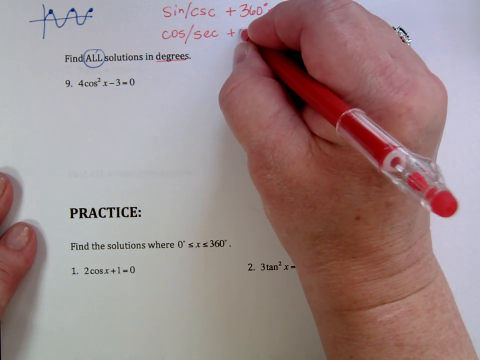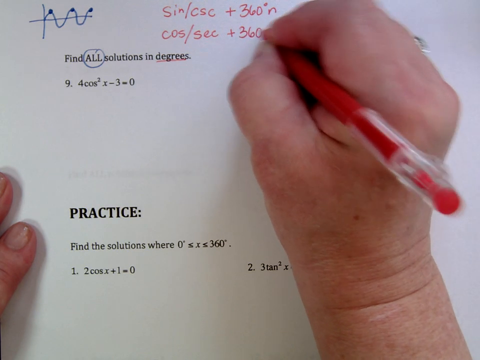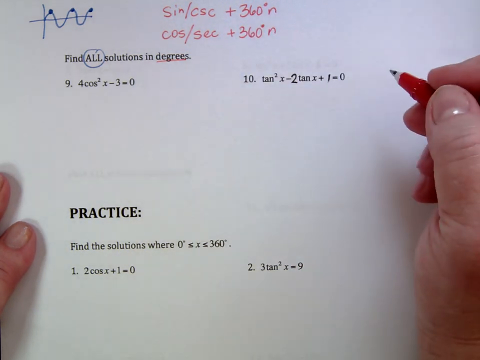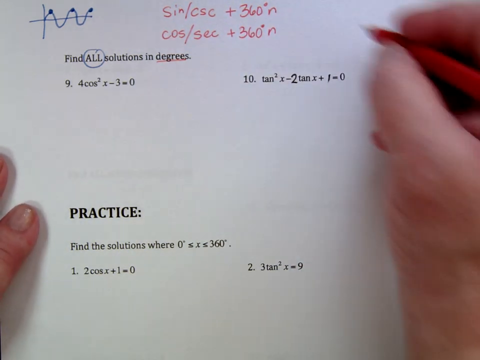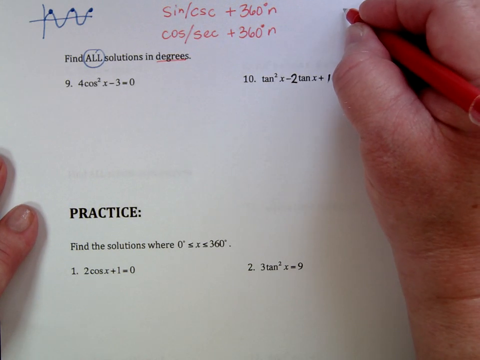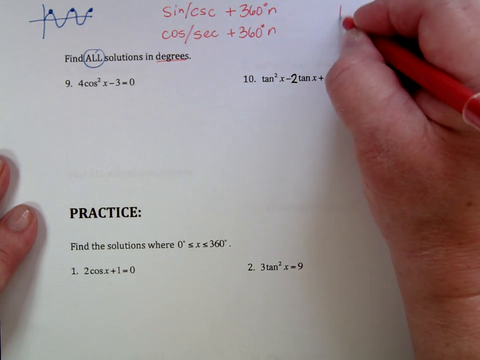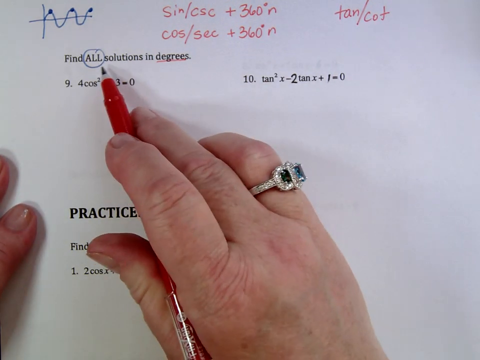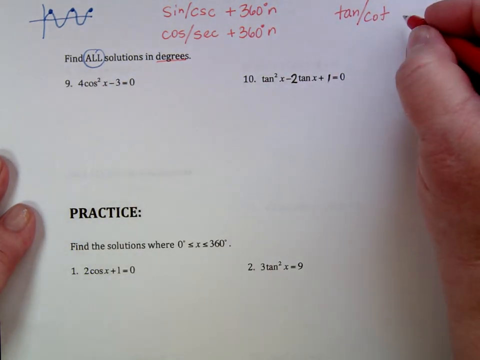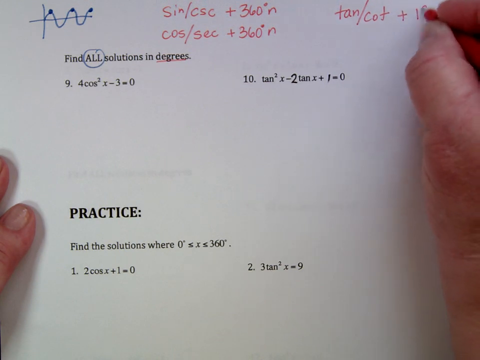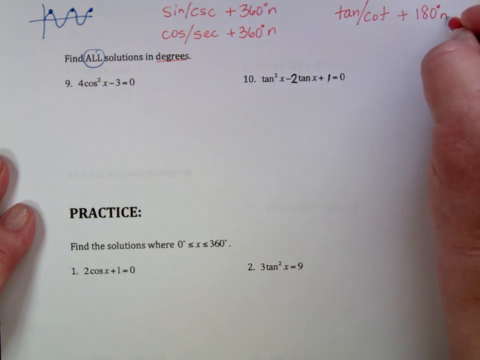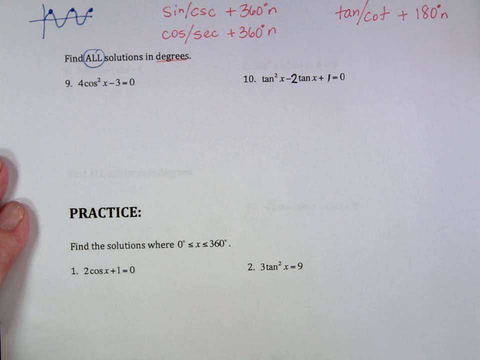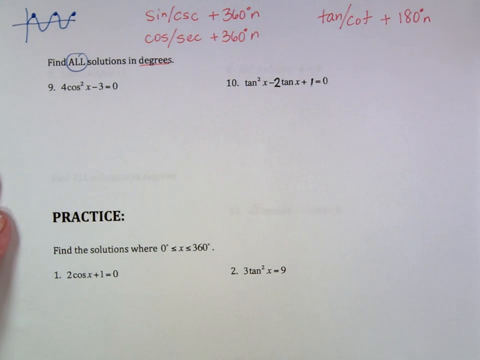And same thing with cosine, because the period of the graph is 360 degrees. But if you remember for the tangent and cotangent functions, they were a little thinner. So anytime you have a tangent or a cotangent problem asking you for all solutions, you're going to add on 180 degrees n, because the period of the tangent and cotangent graphs is pi or 180 degrees.